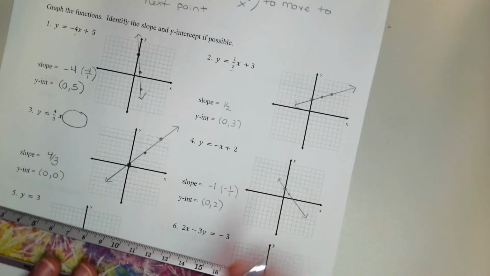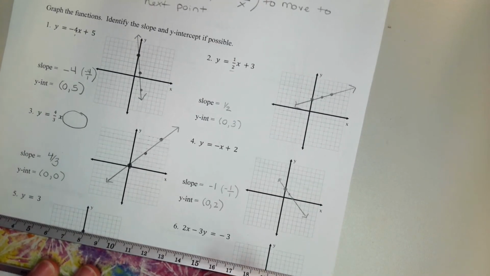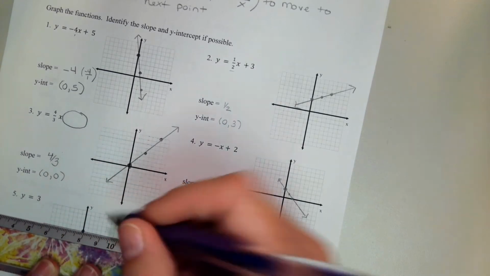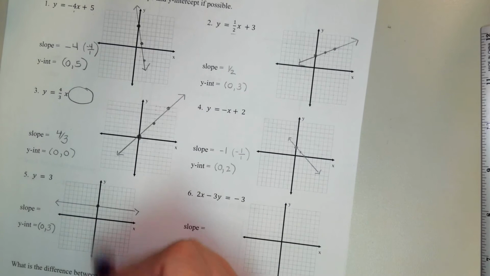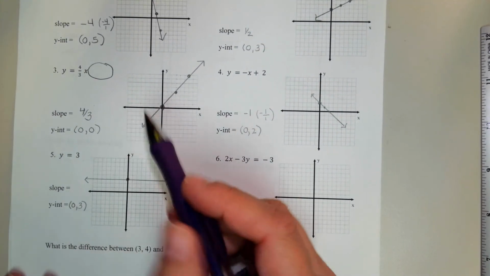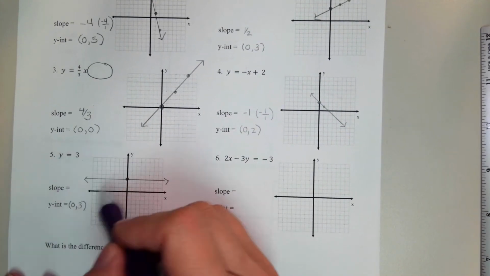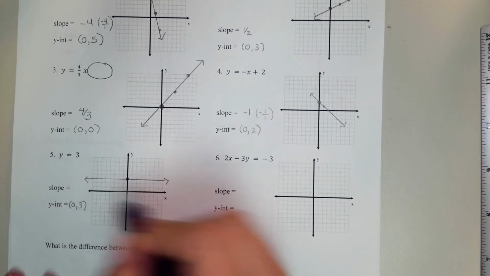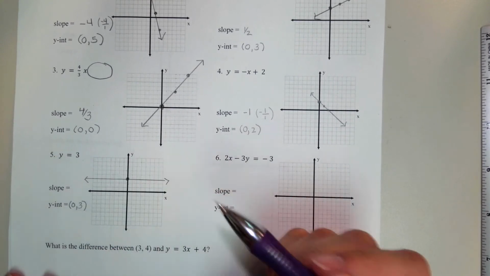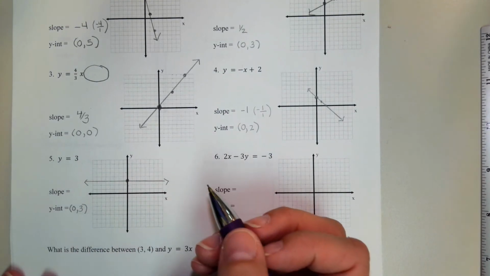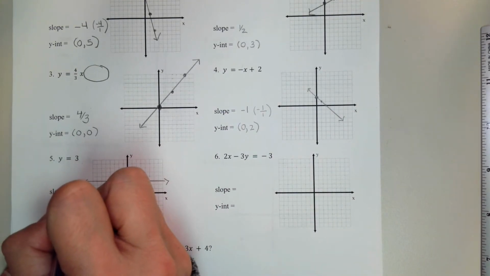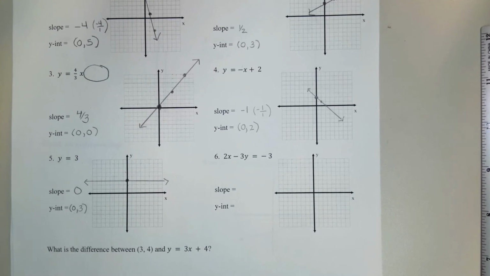If I try to draw a line through this, I'm not going to draw a vertical line, because that would mean that was my y-axis and x would be equal to 0. I am not moving left or right, I am staying level. Because this line is horizontal or flat, a flat line has a 0 slope.